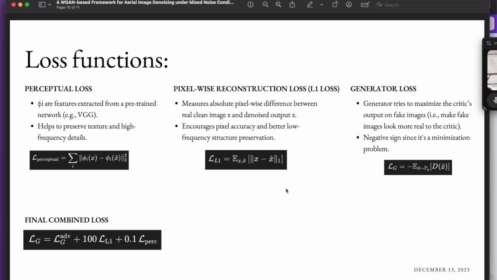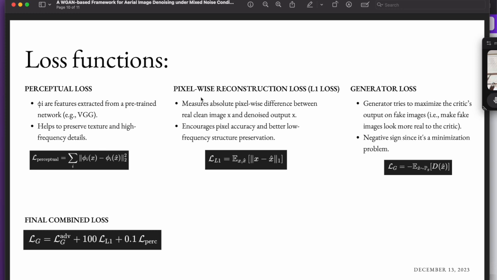Here we have used a VGG19 model. This helps us preserve the high frequency details. We calculate it by the summation of all the pixel values we get from the processing of the clean image minus the processing done by VGG19 of the denoised image.